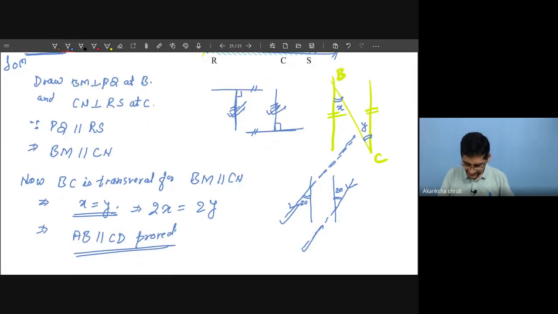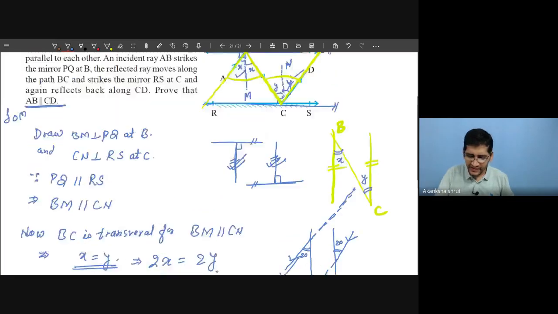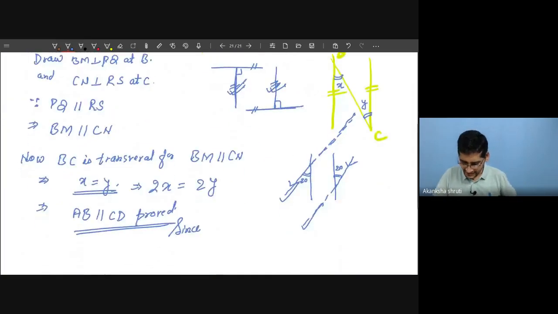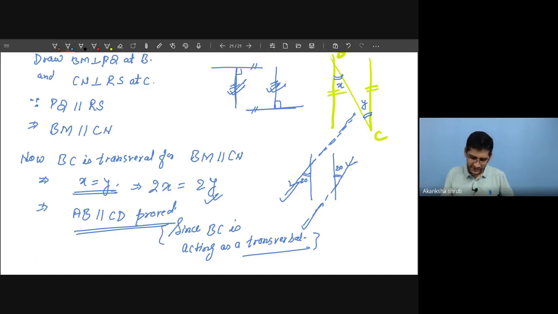So by that way we can say it is parallel. Why parallel? Since BC is acting as a transversal, therefore this was holding good. You may write here, since BC is acting as a transversal. Okay, this much reason you have to write. This way it is proved.